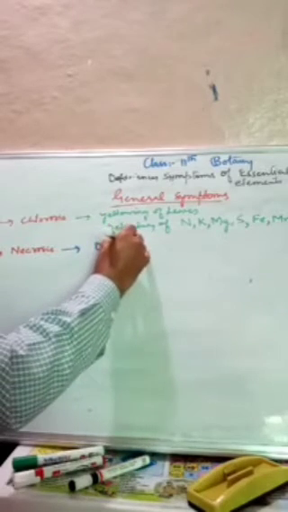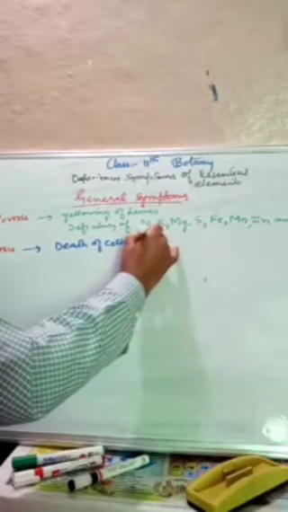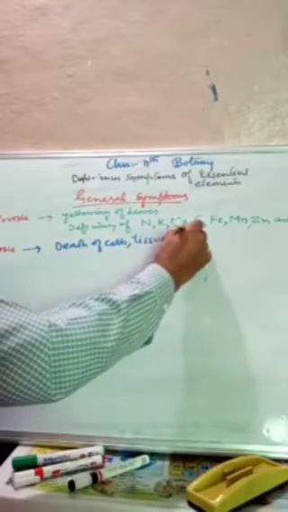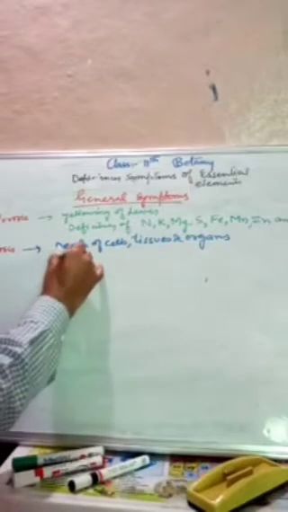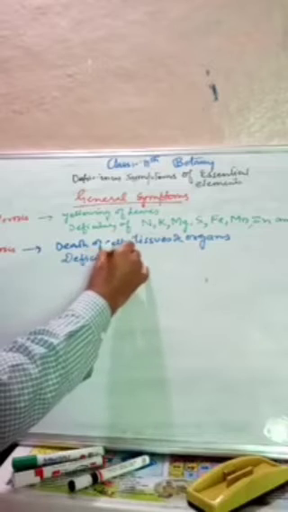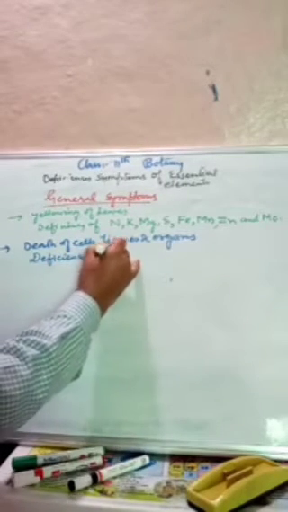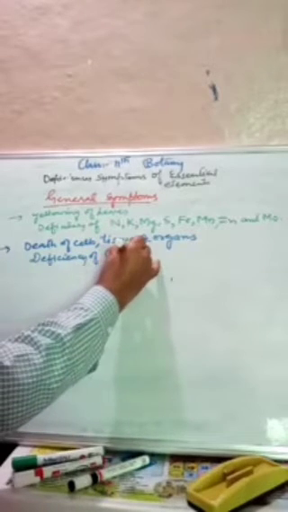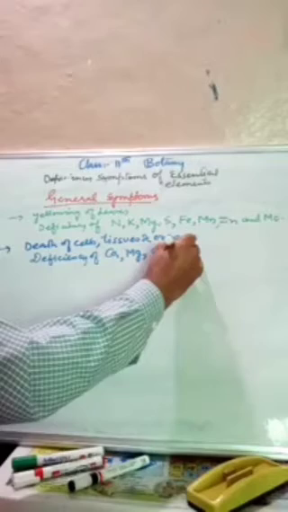Death of cells, tissues and organs वो हो जाता है, and it is because of the deficiency of different elements, and those elements are nitrogen, calcium, magnesium, copper and potassium.